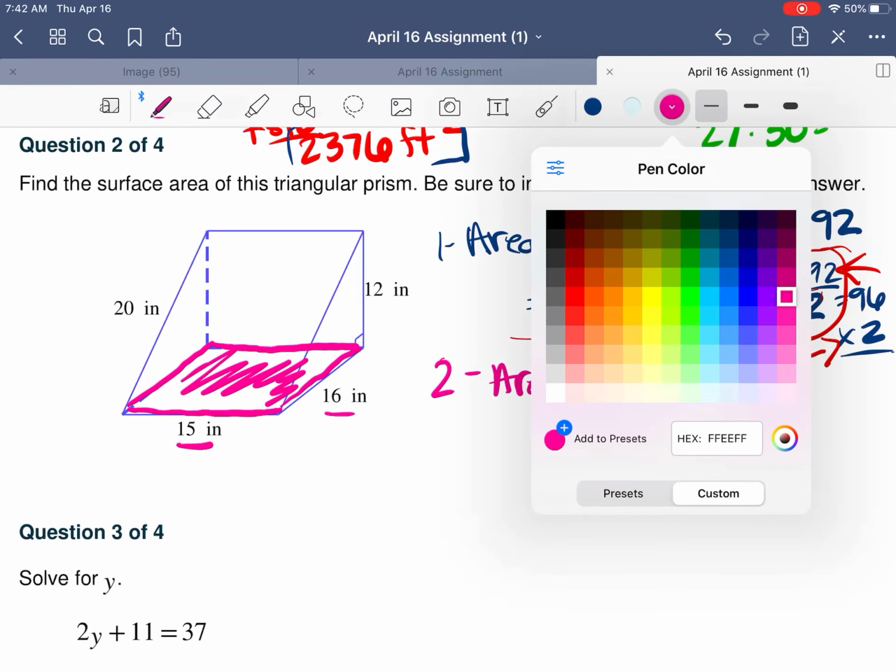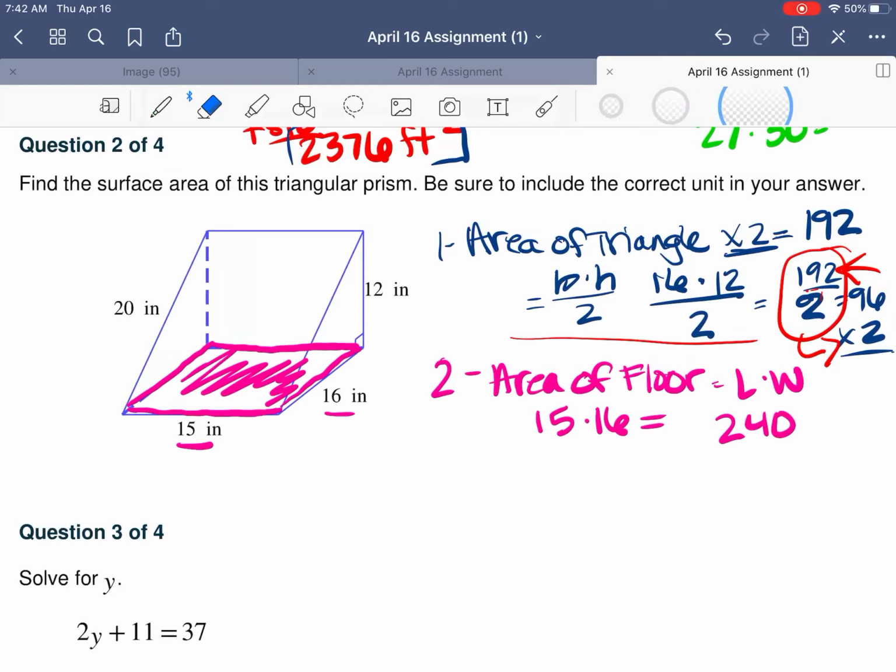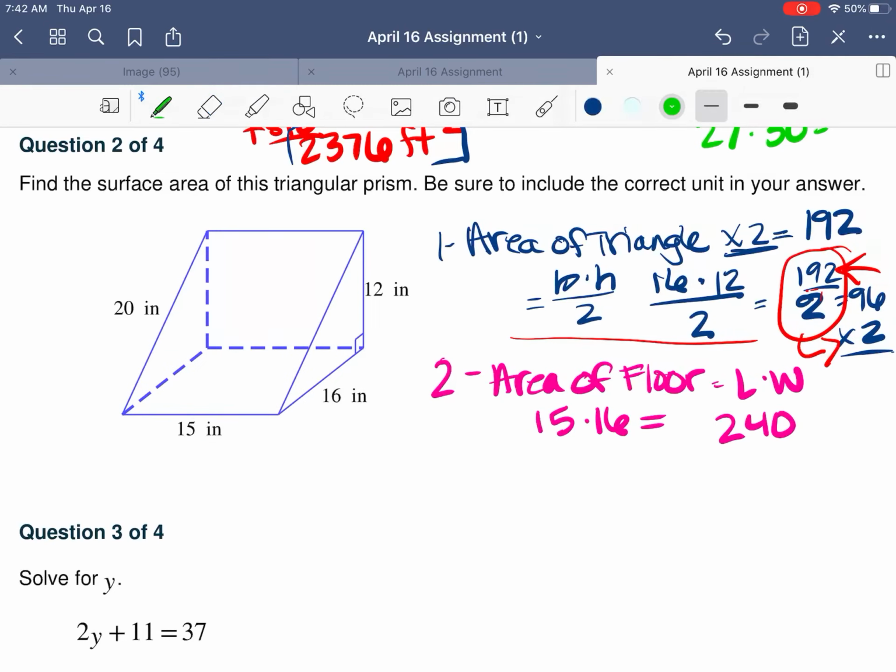Okay, third step, go with green. Okay, so my third step on this one was to find the area of the wall. And again, this is my wall right here, the back part of it, I guess you could say.